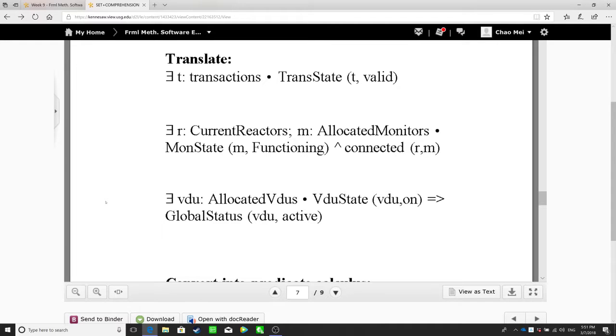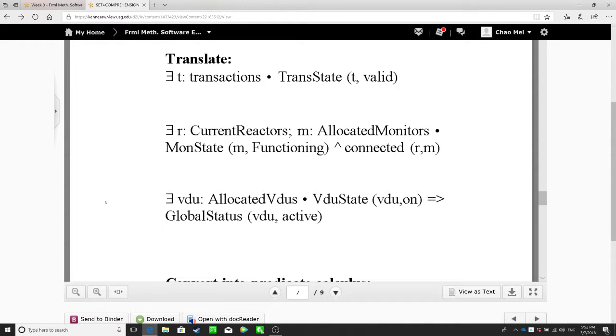Finish. Okay. I need one volunteer to tell us about the second question. Anyone? There exists a concurrent reactor that is connected to a functioning monitor.